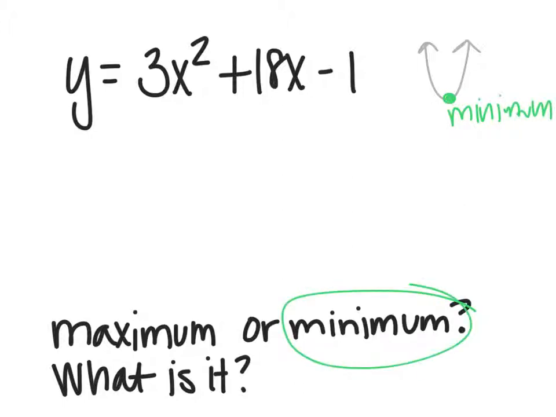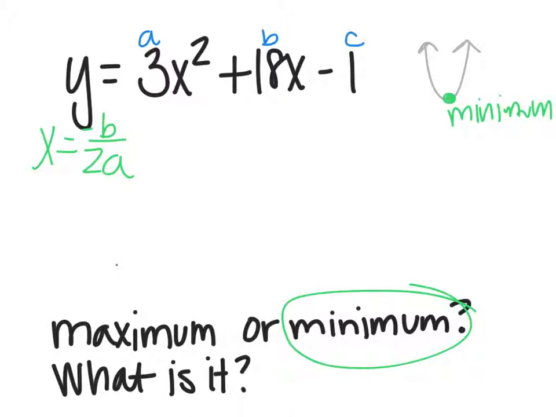And to find that minimum value, the first thing we have to use is our formula for the vertex, negative b over 2a. Again, we're going to figure out what a, b, and c are. If I label these above the equation, it's ax squared, so a is 3, plus bx, so b is 18, plus c, so c is negative 1.